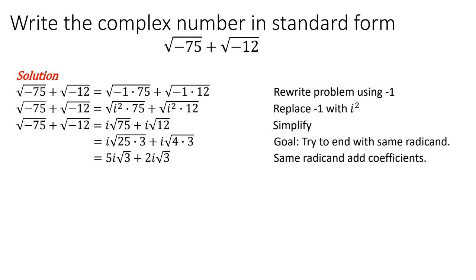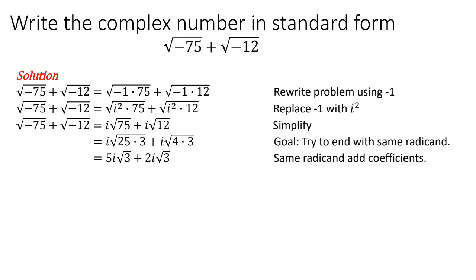The square root of 25 is going to be the 5, but I have the i outside, so that's 5i. And all I'm left with is the square root of 3. Plus the square root of 4 is 2. Take that out, multiply that times my i, that gives me 2i, and that leaves me with a square root of 3.